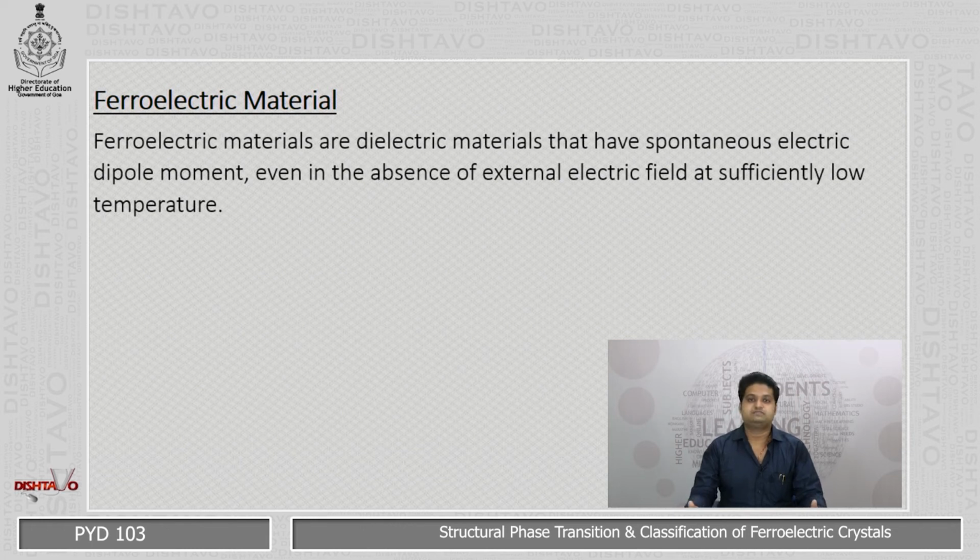Please note, they have it even in the absence of an external electric field. This happens at sufficiently low temperature, and as we discuss different materials, you will see that in some it occurs even at slightly higher temperatures.